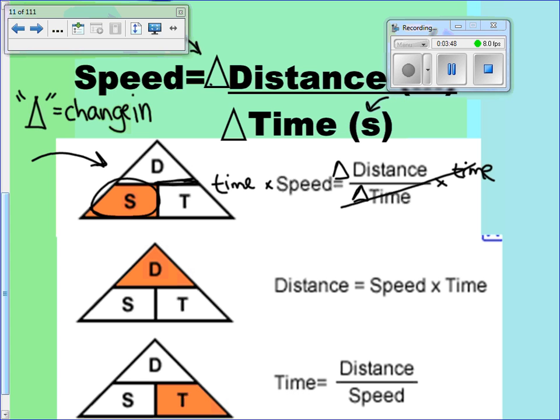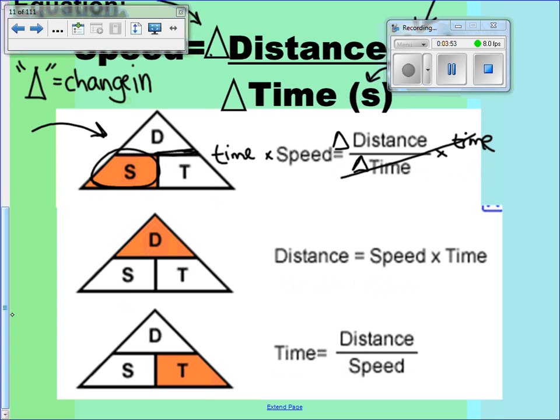For those of you who that isn't so easy for, this is where the equation triangle can come into play with helping you. If you look here, this time D is highlighted. So that tells you distance equals speed times time.